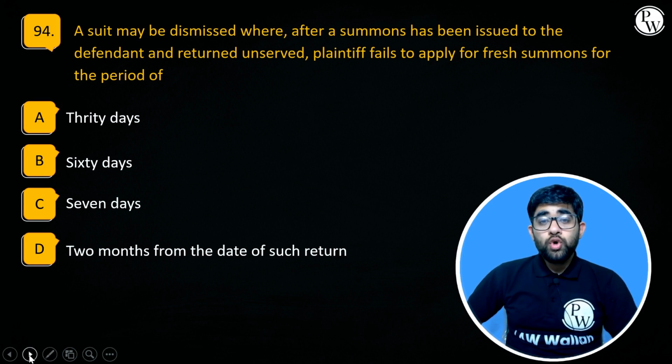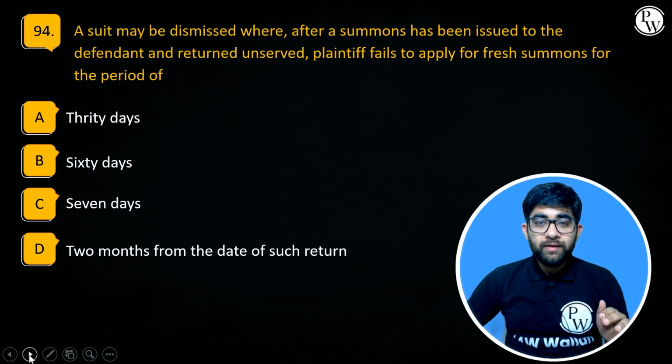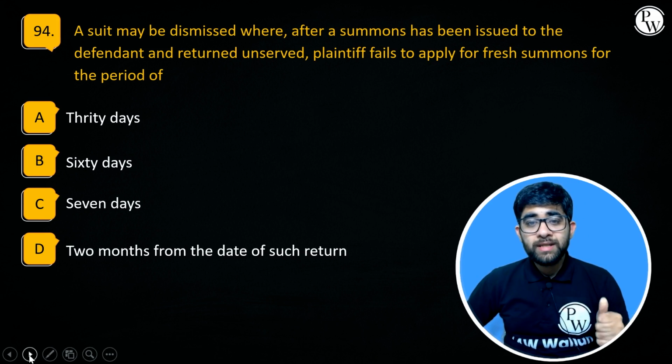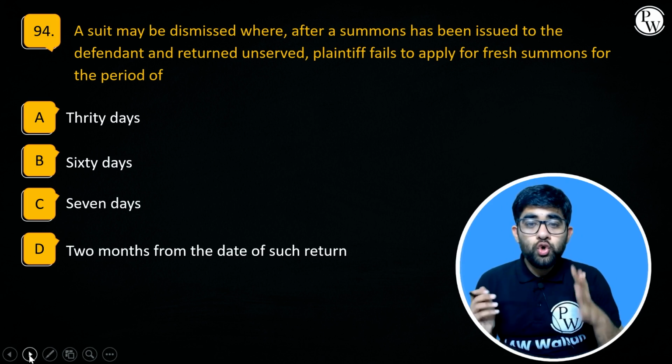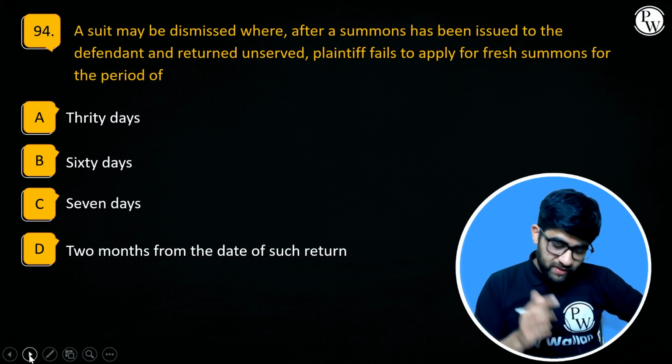94. A suit may be dismissed where after a summons has been issued to the defendant and returned unserved, plaintiff fails to apply for fresh summons for the period of 30 days, 60 days, 7 days, 2 months from the date of such return. Answer is 7 days.